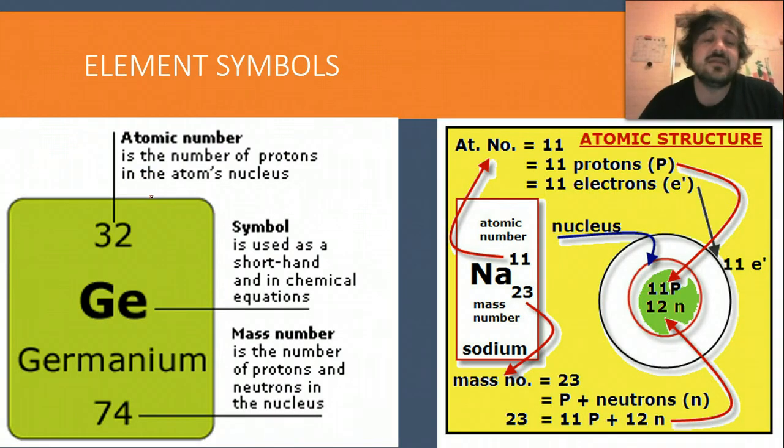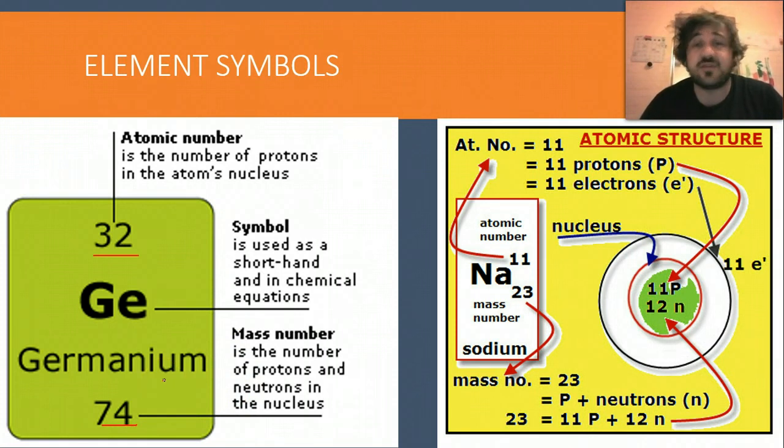Alright, these are the symbols we're going to see on our periodic table. We've got the atomic number here, that is the number of protons and electrons. Here's the symbol and the name. We have the mass number, and it's the number of protons plus neutrons in the nucleus.